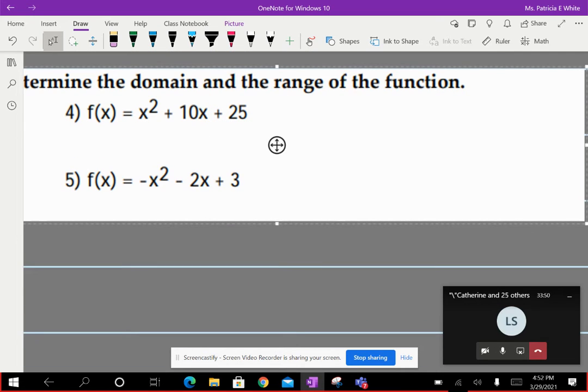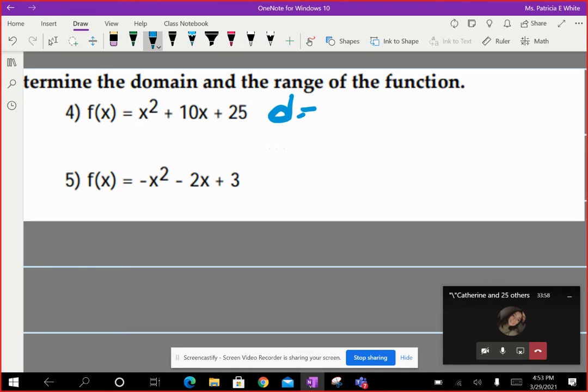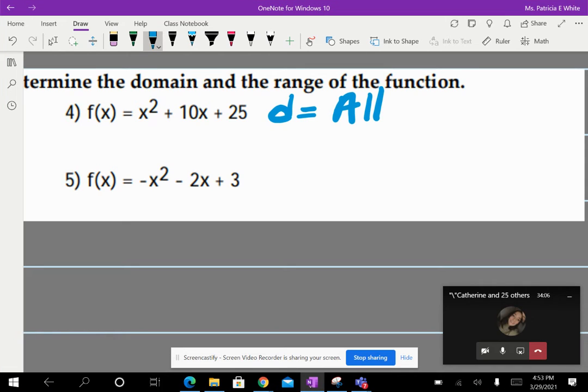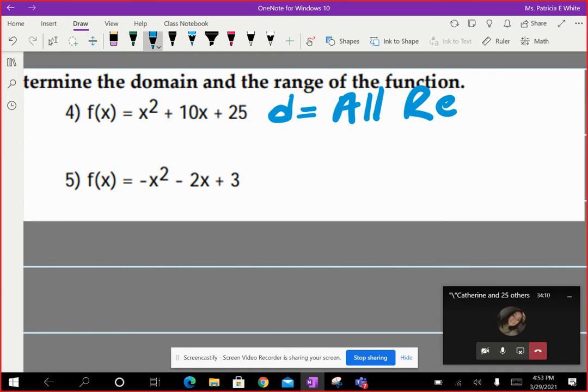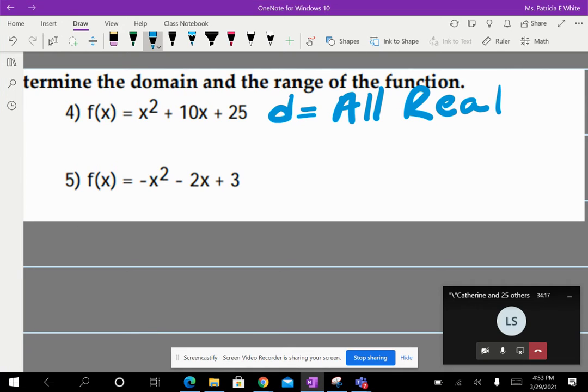What is the domain of any quadratic? Always all real numbers, right?